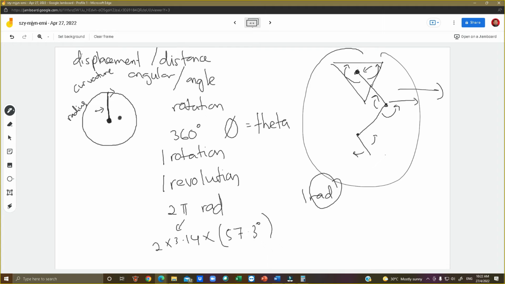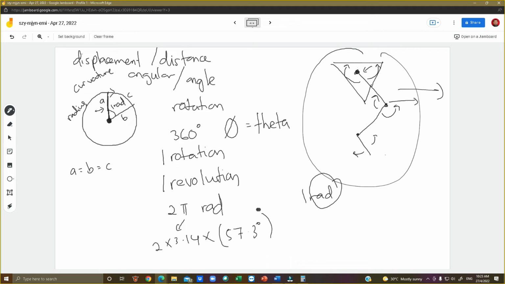At 57.3 degree, A, B, and C is equal in term of length. Itu paling mudah lah untuk kita faham. So that makes 1 radian. 1 radian. Ni paling mudah untuk kita faham.